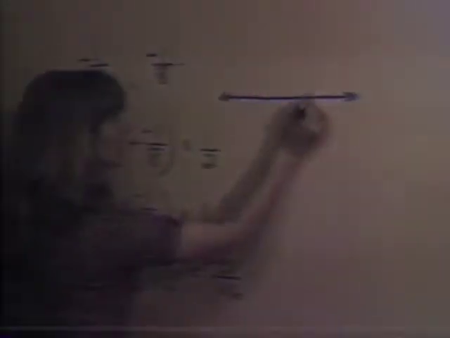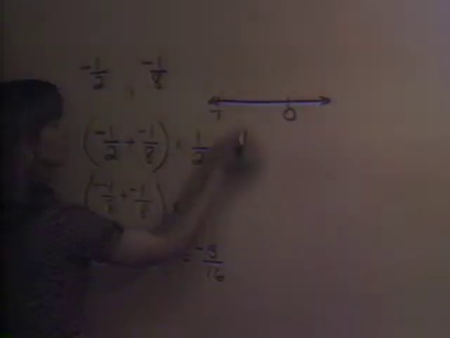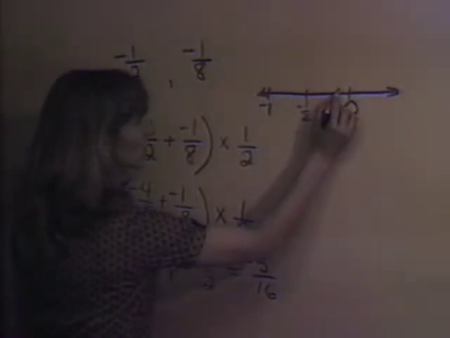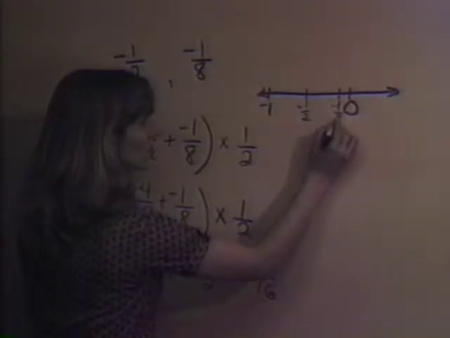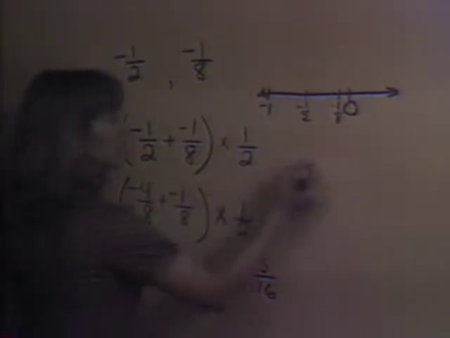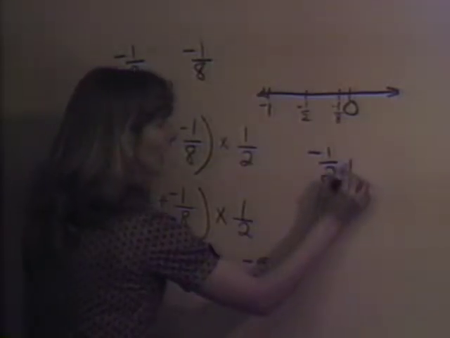Now as we think of a number line, if this right here is 0 and over here is -1, right in the middle would be -1/2, and over here somewhere would be -1/8. So the smallest one is the -1/2. Using this other method, we would take the smallest, the -1/2, and we would add half of the difference of these two numbers.